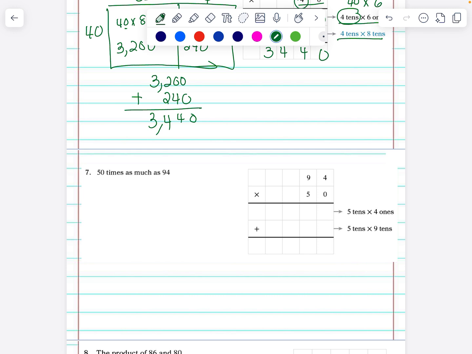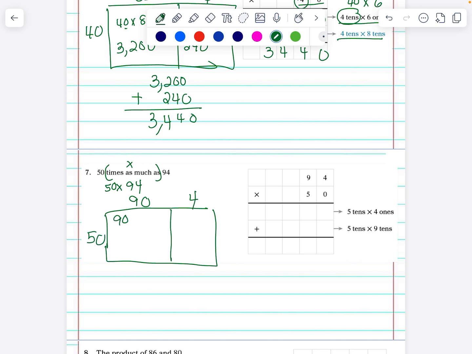Let's look at the equation. 50 times as much. Remember, that's just times. So this is 50 times 94. So we're going to use area model. Decompose the 94 to 90 and 4, multiplied by 50.